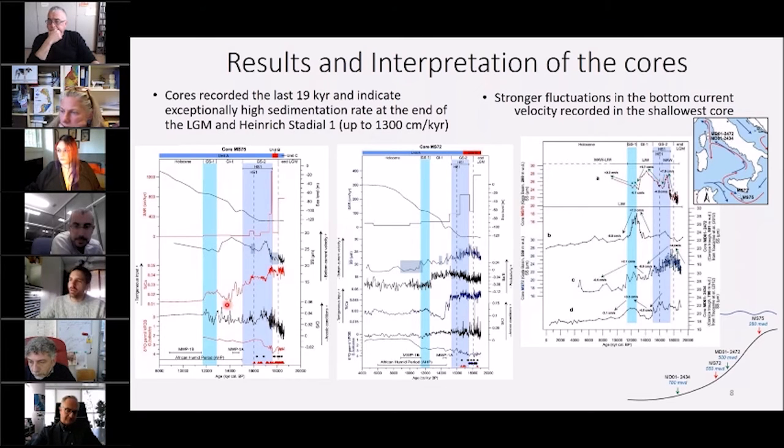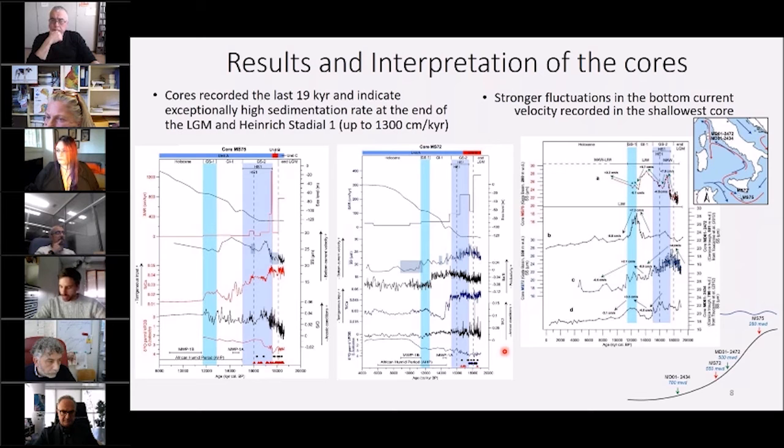And on the left, it's all the data for each core versus age and all the different proxies we used to identify the different processes. I'm going to try to skip this because we're running out of time.